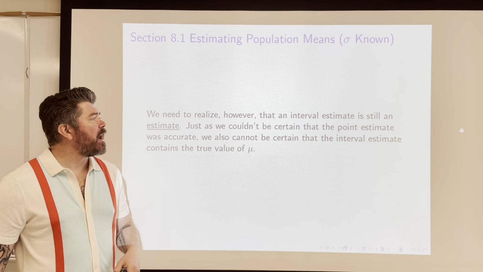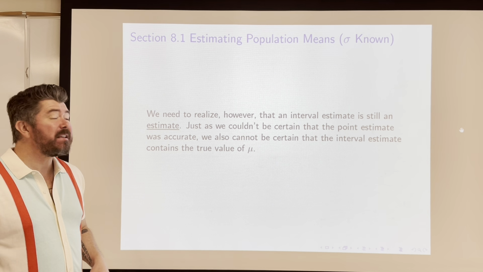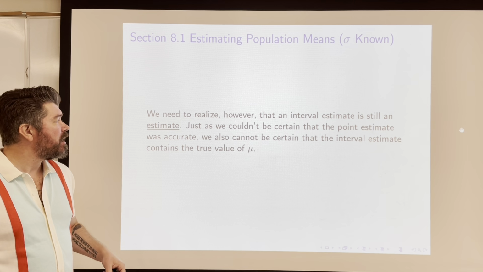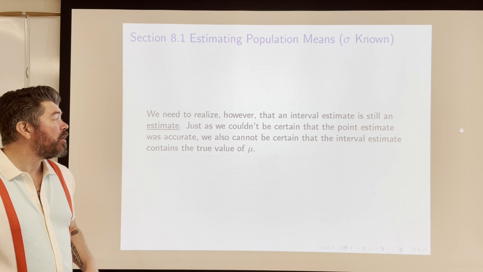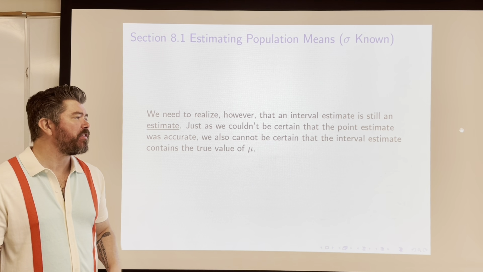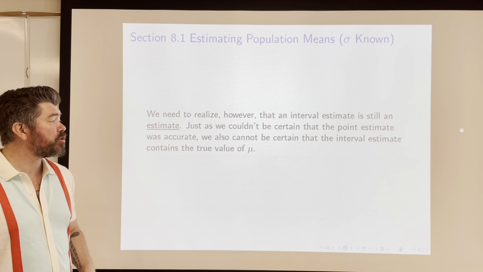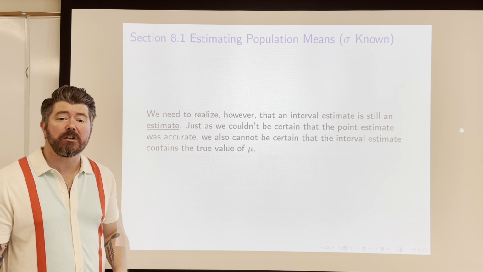We need to realize, however, that an interval estimate is still just an estimate. Just as we couldn't be certain that the point estimate was accurate, we also cannot be certain that the interval estimate contains the true value of our population mean mu.